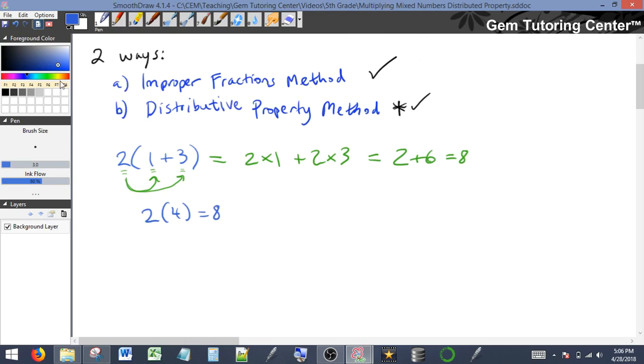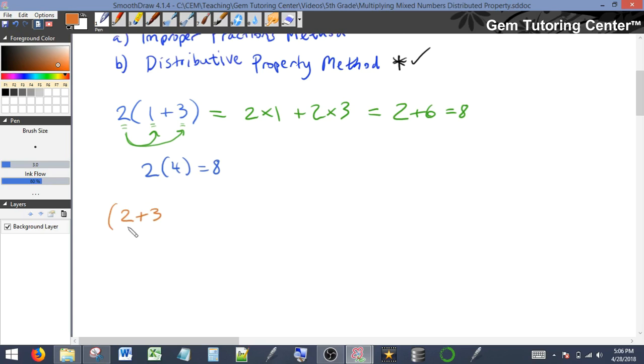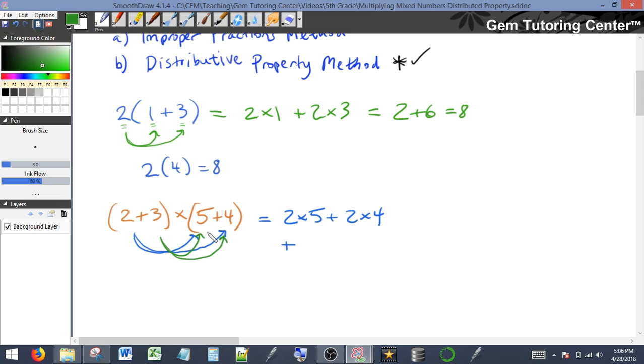Now let's try a little bit more complicated case, where we have (2 plus 3) times (5 plus 4). So what the distributive property is telling us is that 2 times 5 plus 2 times 4, let me write those down, 2 times 5 plus 2 times 4, gets added with 3 times 5 and 3 times 4.